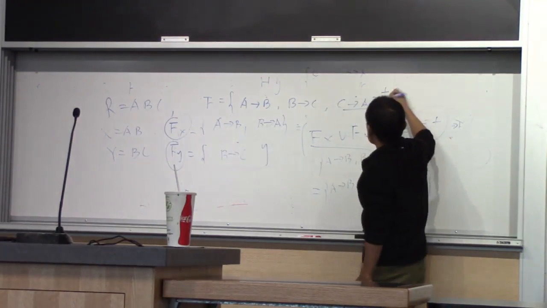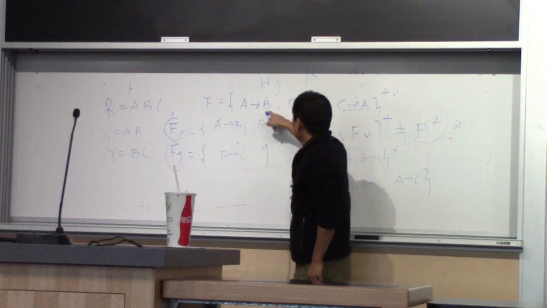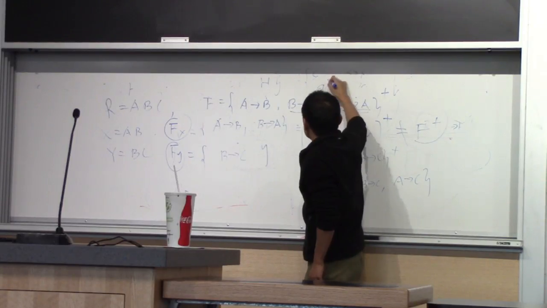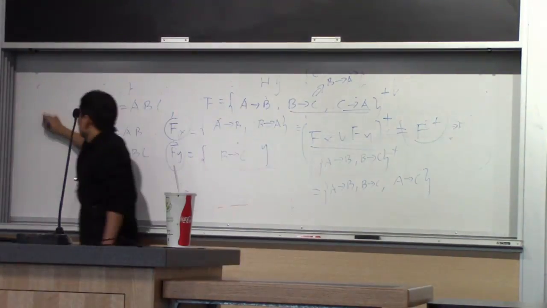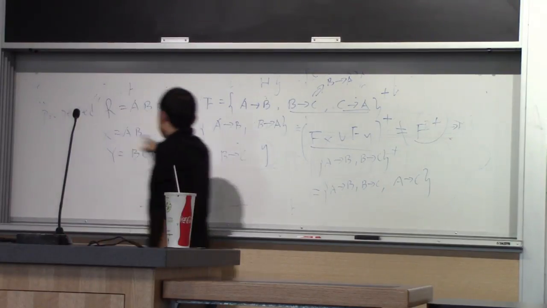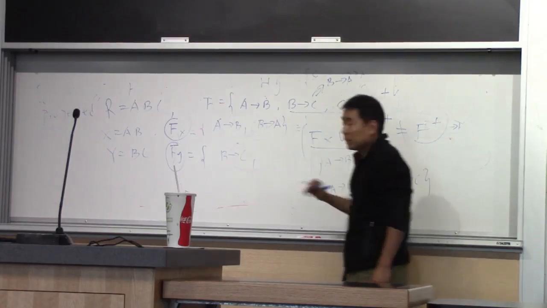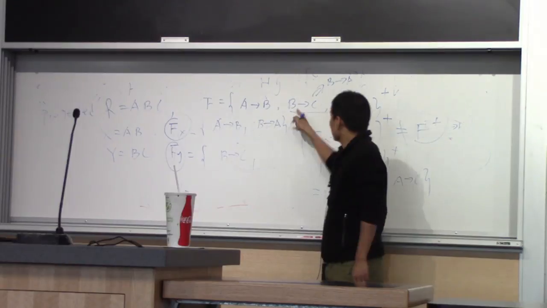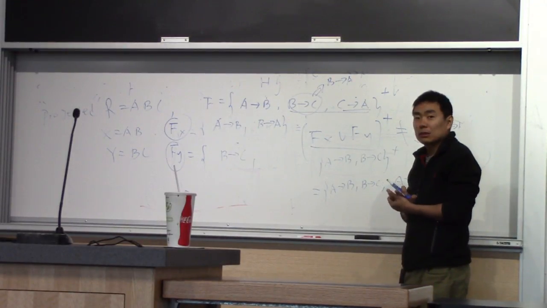Because if you look at the closure of F, yes, A determinant B, but in the closure of F, A determinant B, B determinant C, C determinant A. So with these two, you can actually derive B determinant A. So that should be projected, quote unquote, to X. So Fx is actually this. What about Fy? Is it just B determinant C? Or do you have additional ones?